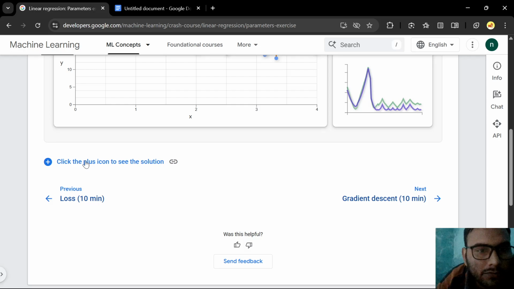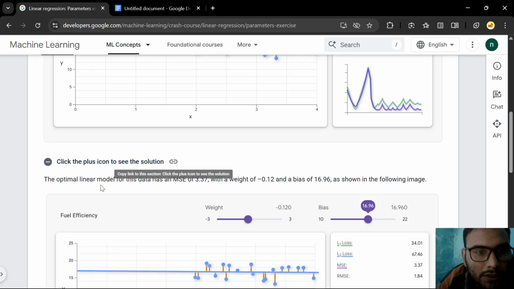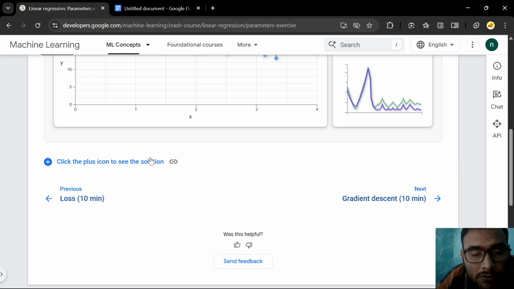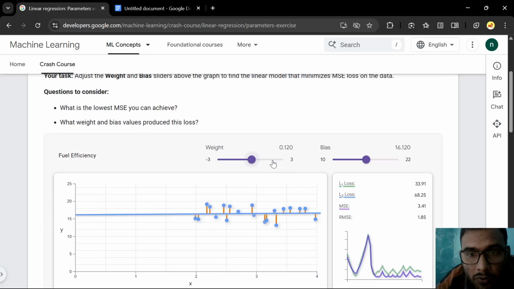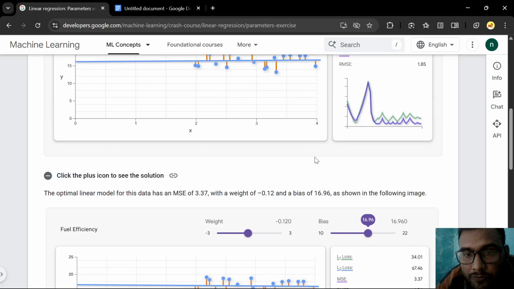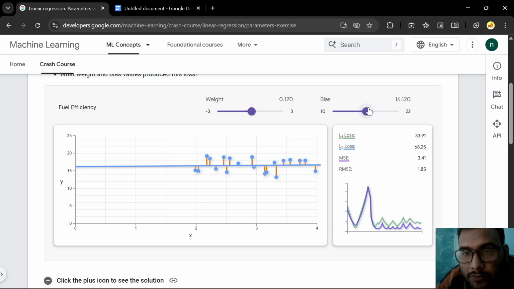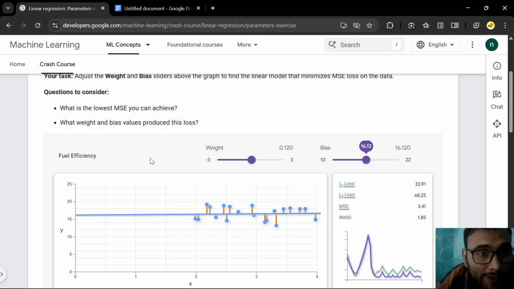Let's see the solution. The optimal linear model for this data has an MSE of 3.37, where the weight is minus 0.12 and the bias is 16.96. So these are the two interactive exercises.